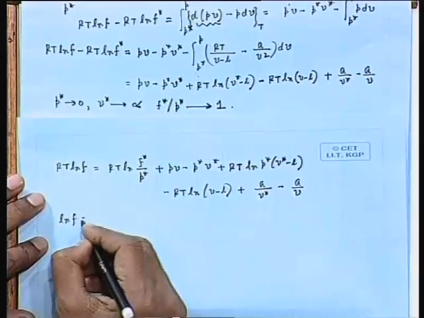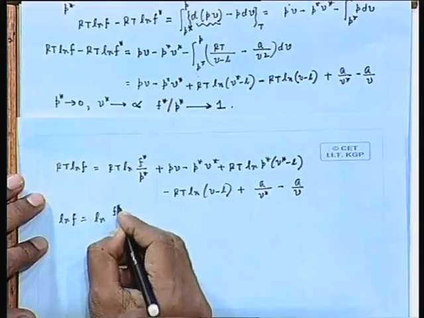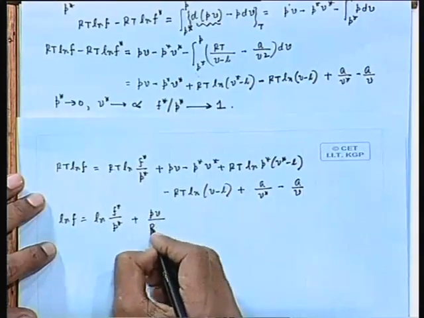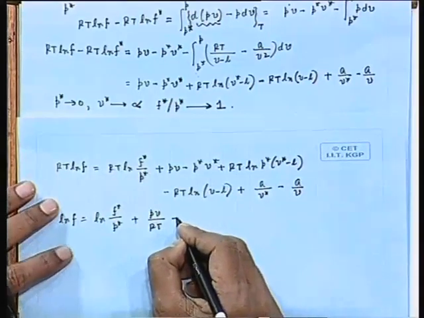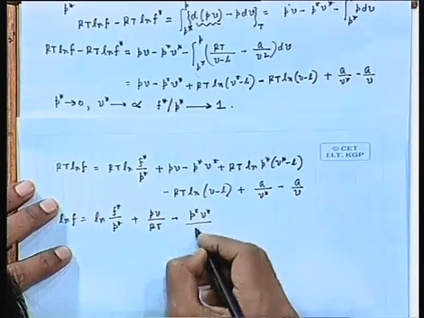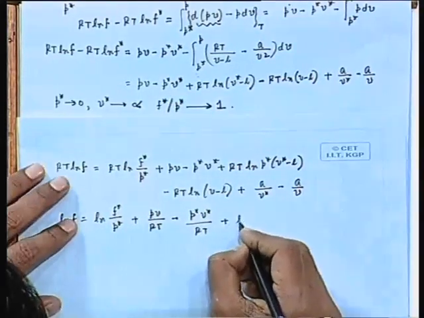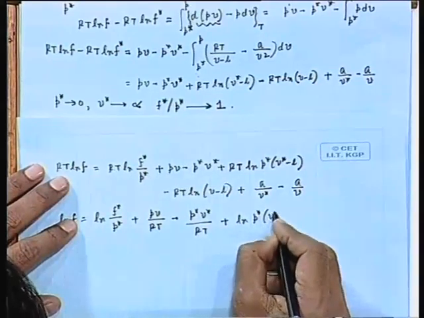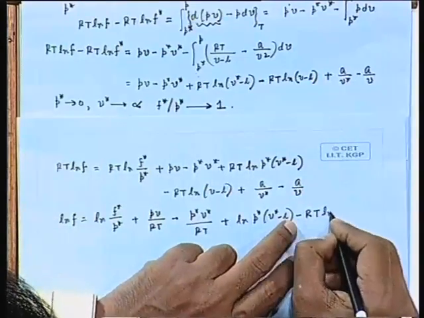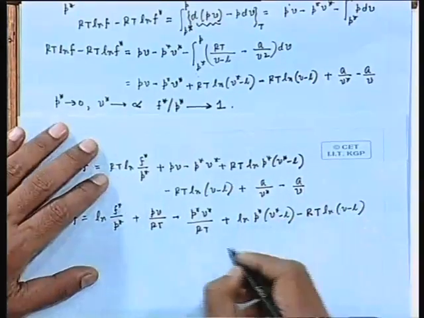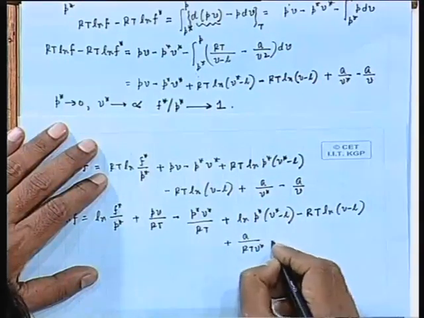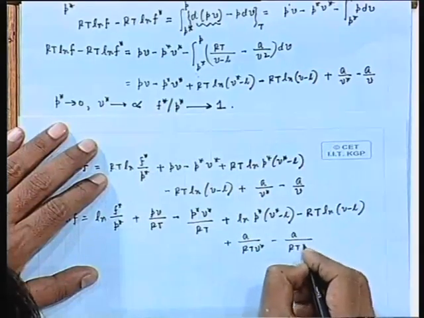So we get ln f is ln(f star by P star) plus PV/RT minus P star V star/RT plus ln P star (V star minus B) minus ln(V minus B) plus A/(RT V star) minus A/(RT V).